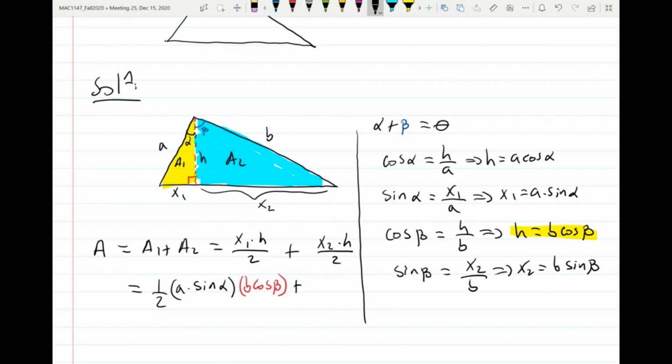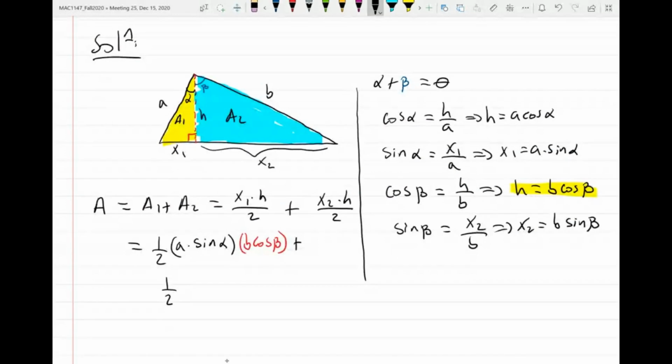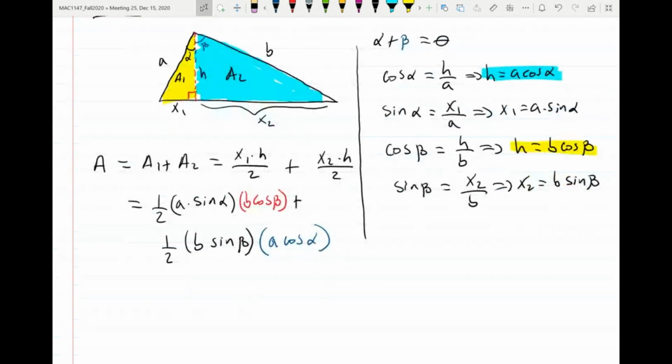Then plus 1/2, and X2 is B times sine of beta. For the H in the second triangle, I'm going to use this formula for H, which is A cosine of alpha.